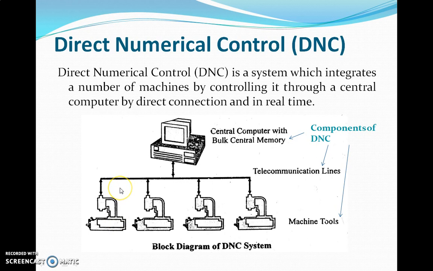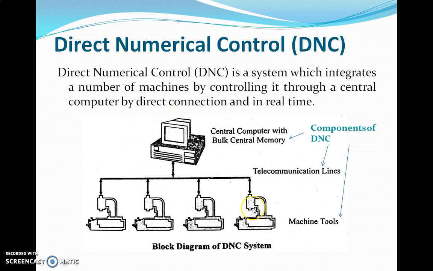So it is very difficult for me to give instruction to each and every machine by its own computer, and that way it is very difficult to control all the machines at a time. So the better option is to replace the computer on each machine tool by a single computer. That is the concept of DNC.